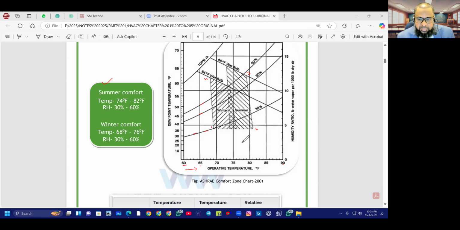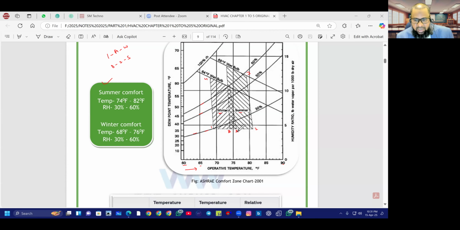Here you see winter hatching from 1 to A, and summer from B to 2. You can find this portion is for winter, and this is for summer.